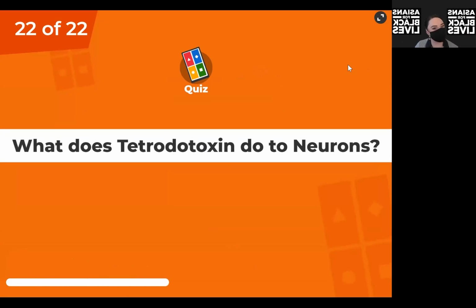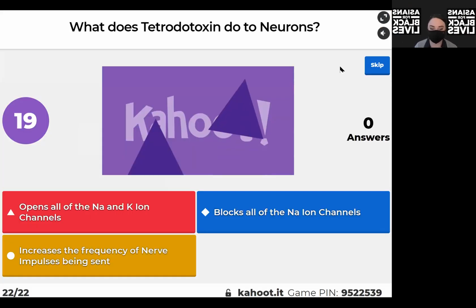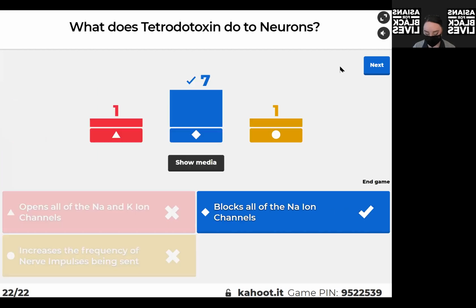And so lastly, what does tetrodotoxin do to neurons? Good. It blocks all of the sodium ion channels. So it means nothing could move in and out of any of the sodium ion channels.